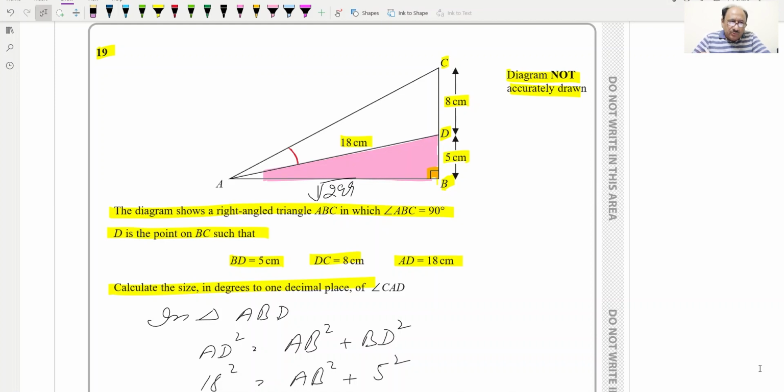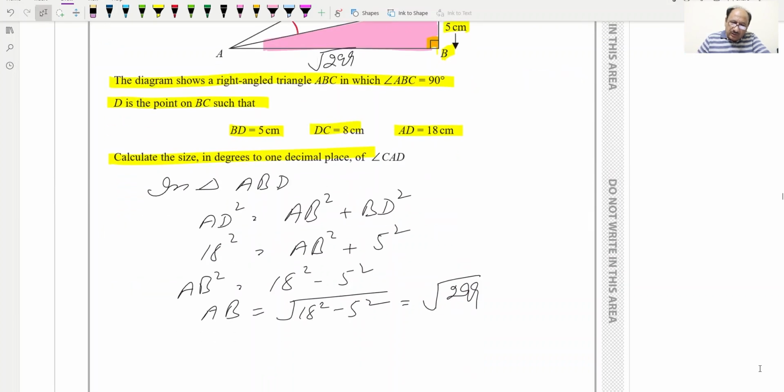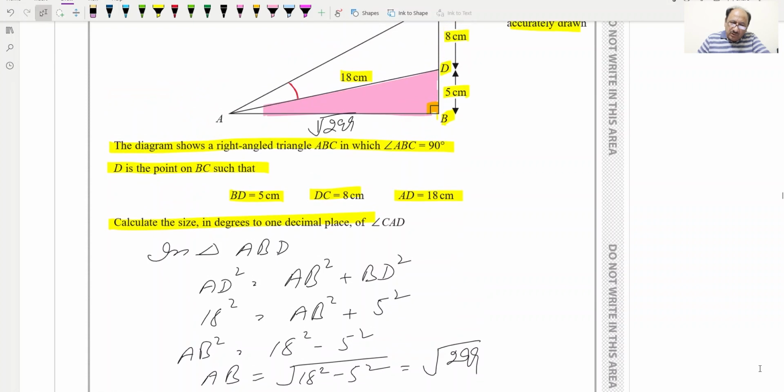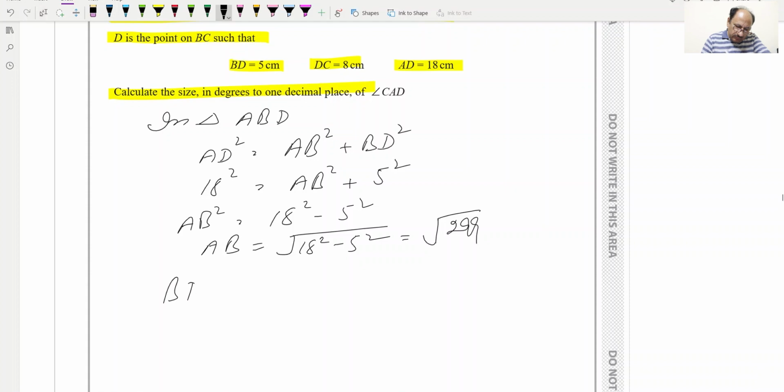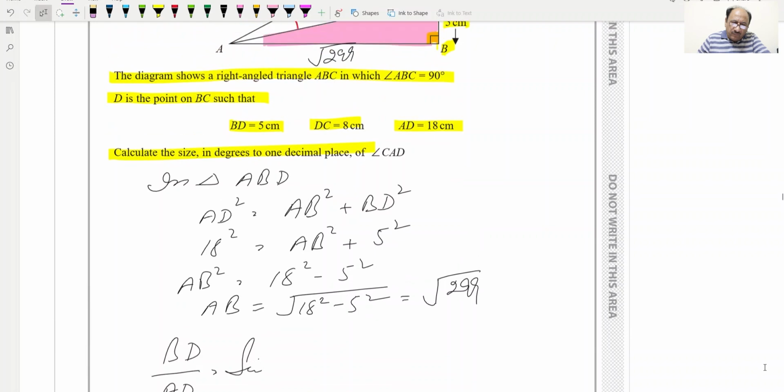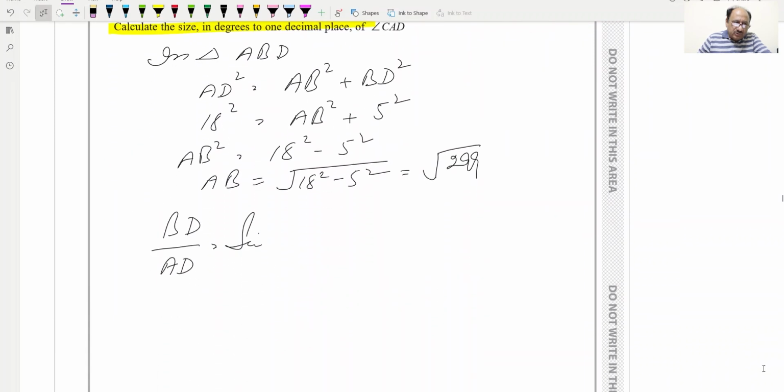Before going to triangle ABC, we can first find this angle. In the same triangle, BD over AD is equal to sine of angle BAD.